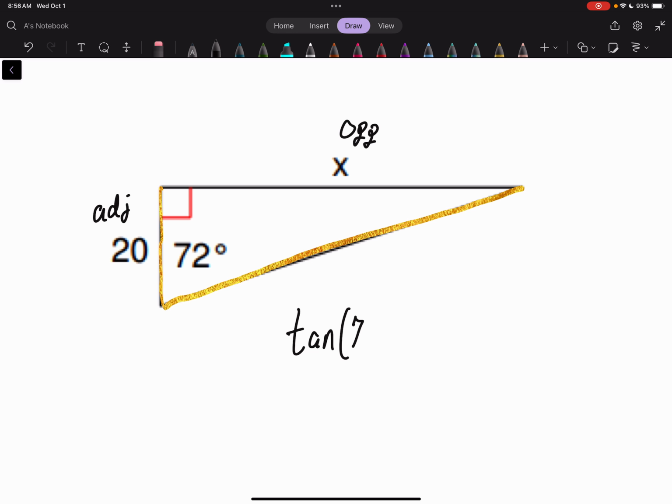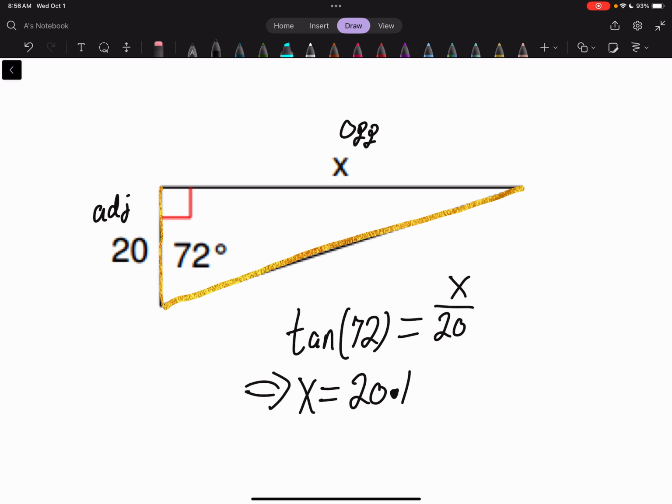Tangent of 72 is equal to x over 20. Solving for x, and I'm going to get this is approximately 61.6 units long.